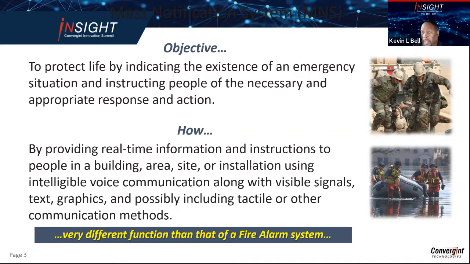And by code, the NFPA actually has mass notification superseding fire alarm, which means if there's a fire and then there's a mass notification event, the mass notification event supersedes it. And the reason it supersedes it is a couple of examples. One, there could be a disgruntled ex-employee or spouse who's trying to get someone out of the building and is waiting outside with a rifle to pick them off.